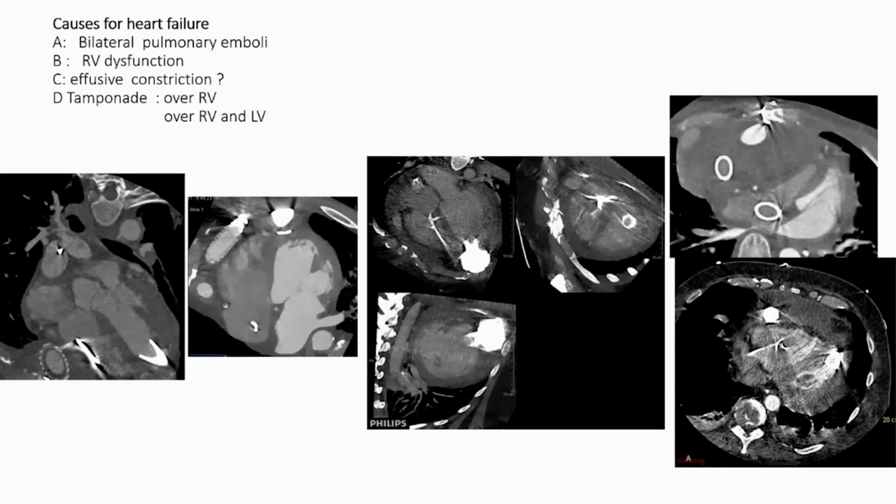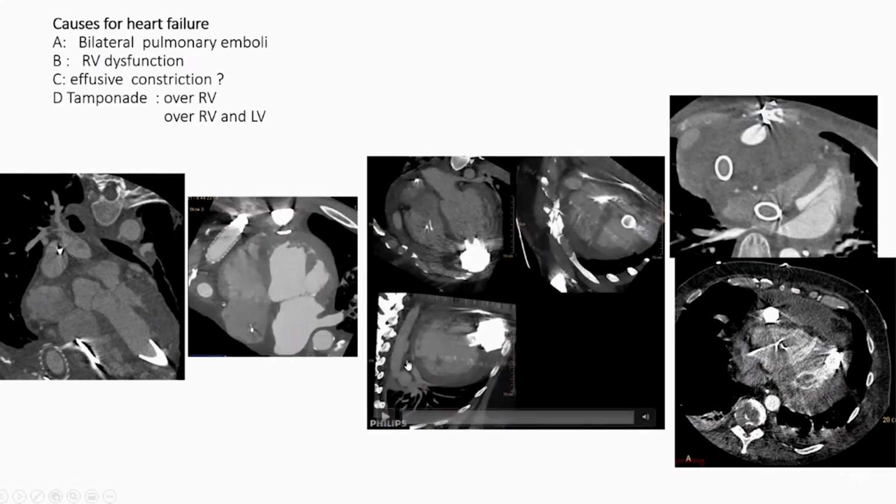And for the causes of heart failure, we have a couple of cases: a patient with bilateral PE, otherwise no other problem; a patient with severe RV dysfunction, in this case possible effusive constrictive physiology; as you can see, a little bit of effusion, and the RV appears to be adherent to the chest wall; and frank tamponade in a patient with BiVAD.